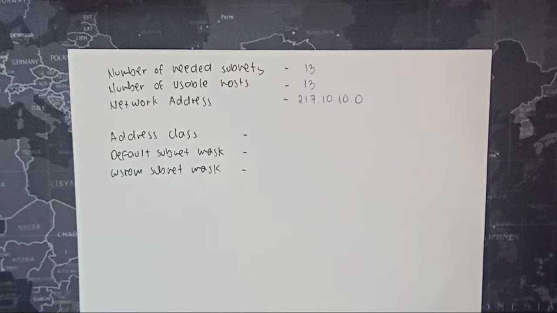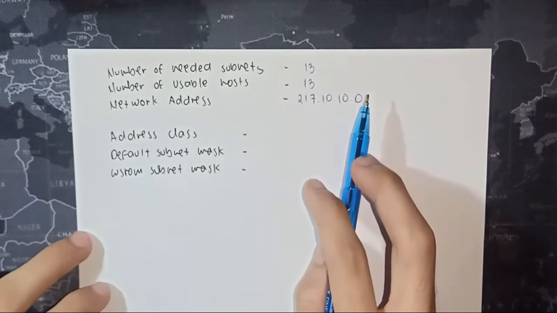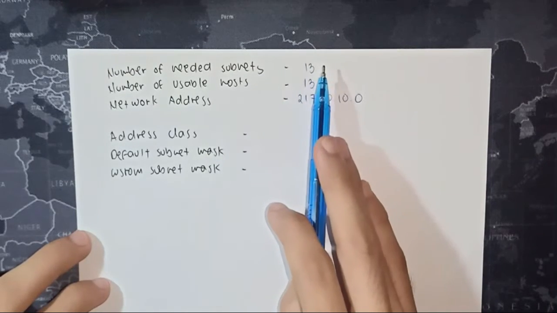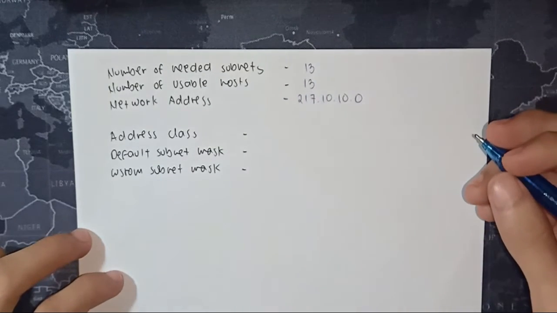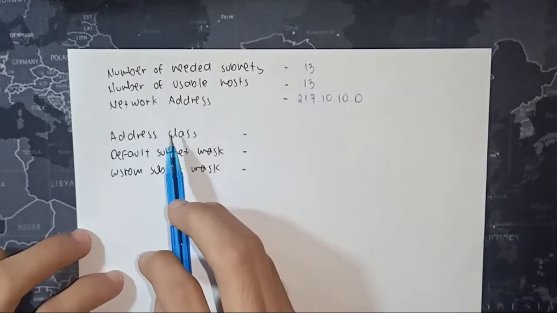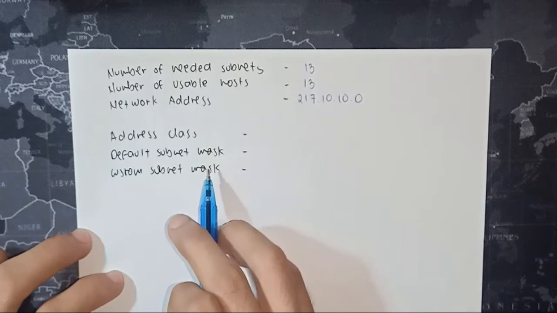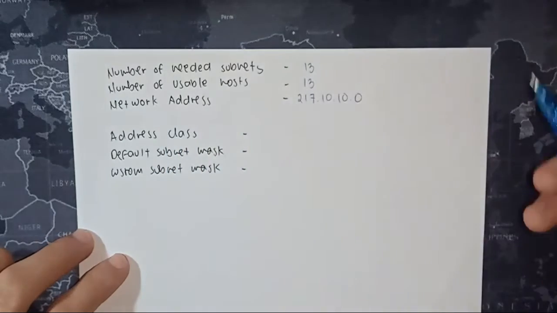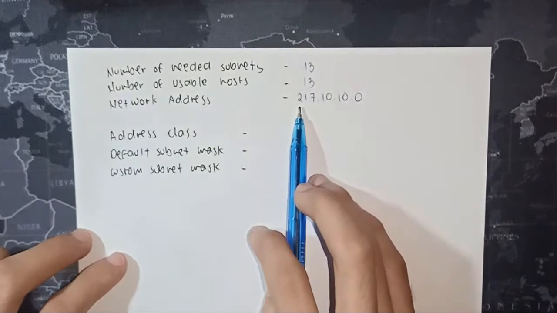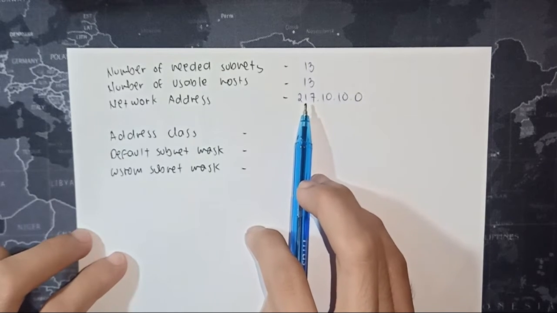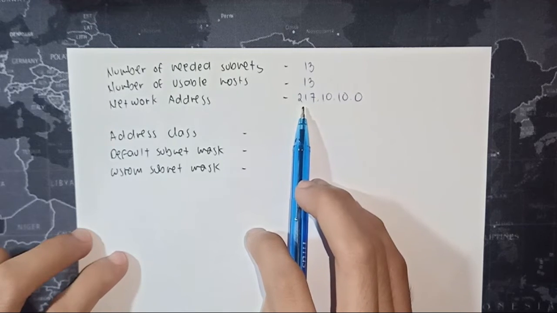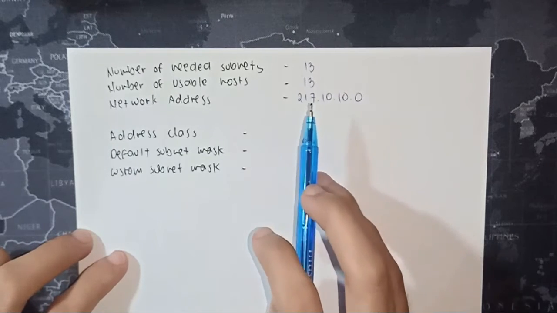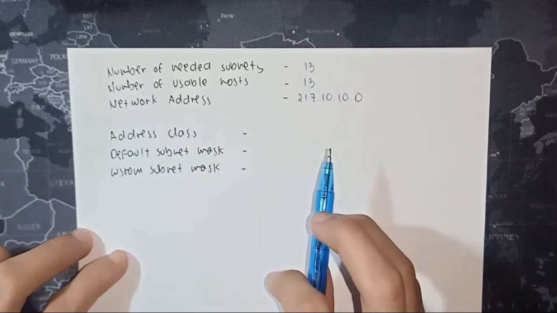We are now going to get the custom subnet mask of this network address with the given number of needed subnets and the number of usable hosts. But before that, we are going to get first the address class and the default subnet mask for an easier way. So, since the first octet of our network address is 217, it is in the range of class C, which is 192 to 227.